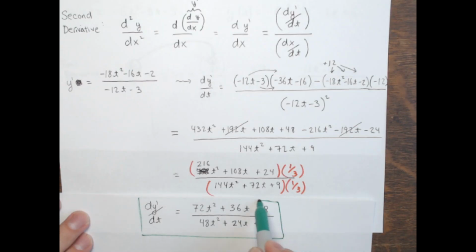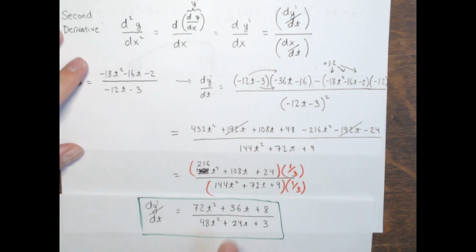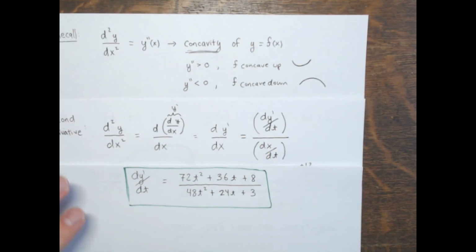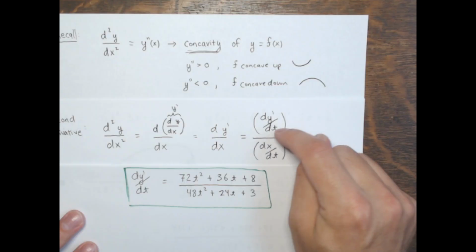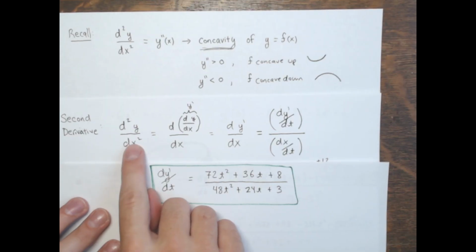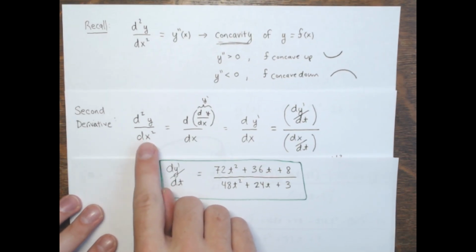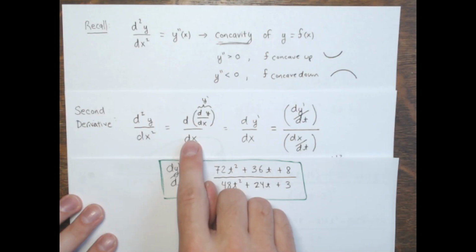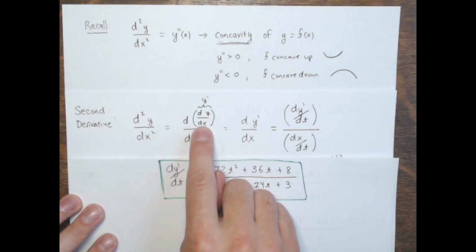All right, this is our first derivative in terms of t, taking the derivative of that. And this expression then is going to go up here in this numerator. As again, one more time, the second derivative with respect to x is the first derivative with respect to x of the derivative, right?